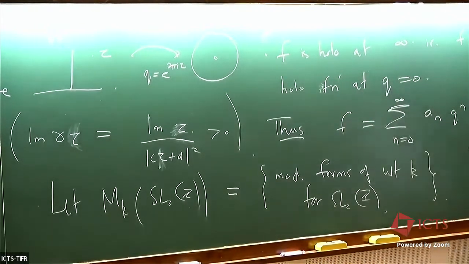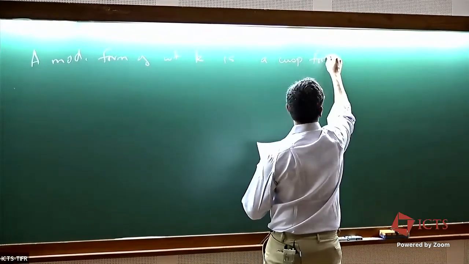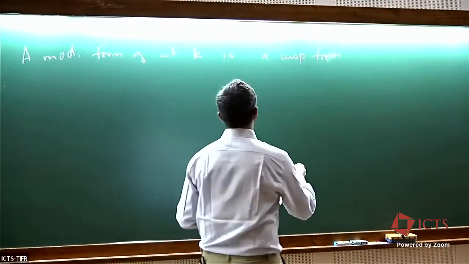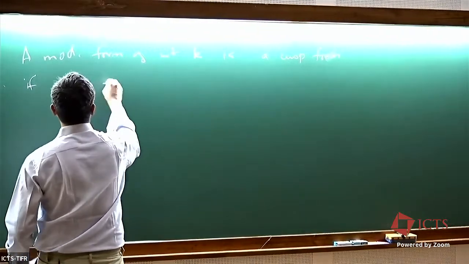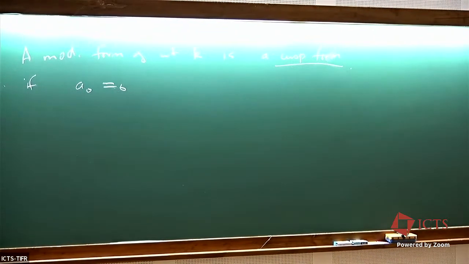Okay, so sometimes more interestingly, one wants to speak of cusp forms, so let's define those also, and modular forms of higher level, etc. Definition. A modular form of weight k is a cusp form if a_0 in the q-expansion is 0, and this q-expansion over here, a_0 is 0.